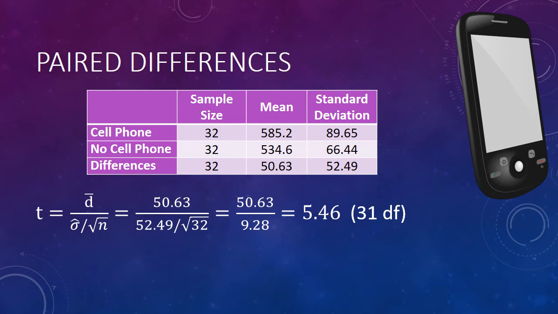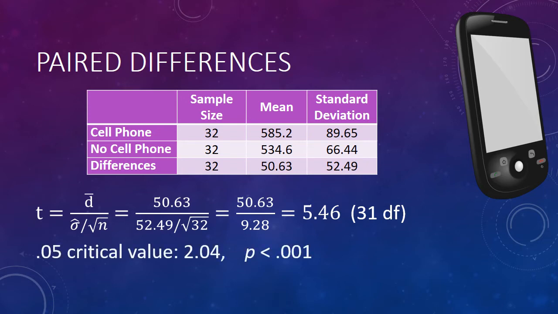The two-sided 0.05 critical value for this distribution is 2.04, so we could compare our test statistic 5.46 with the critical value 2.04, and we see that the test statistic is larger, so we know that our results are statistically significant. Or we could compute the exact p-value for our test statistic. In this case, it's less than 0.001.